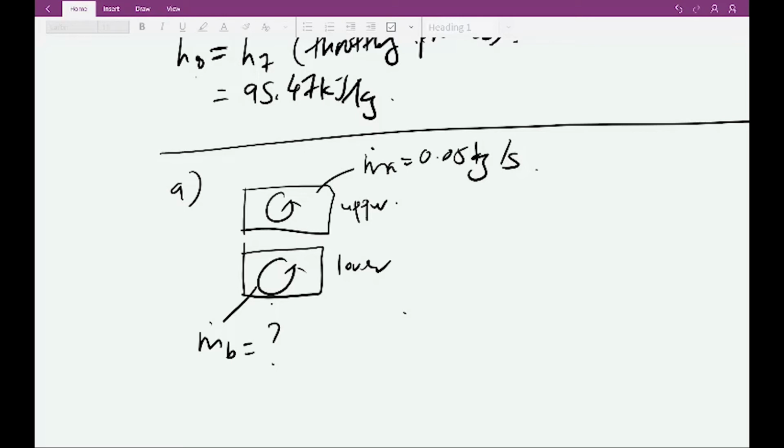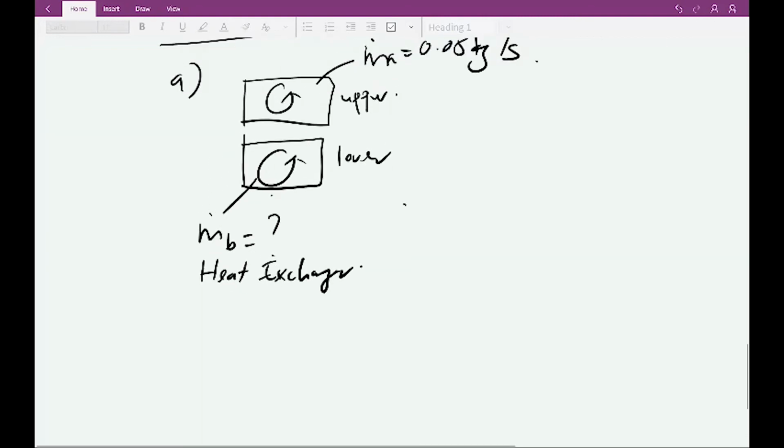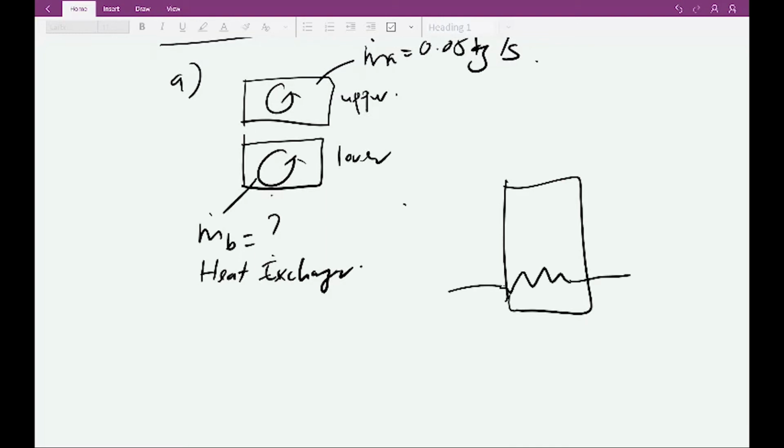We need to use the special characteristic of this cascade refrigeration cycle, which is the heat exchanger. So what happens inside the heat exchanger? Basically, the heat is exchanged from the lower cycle to the upper cycle.